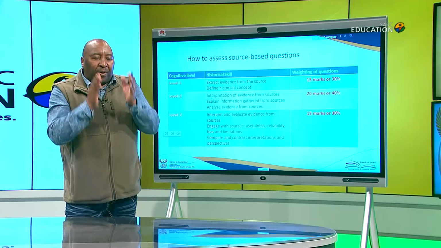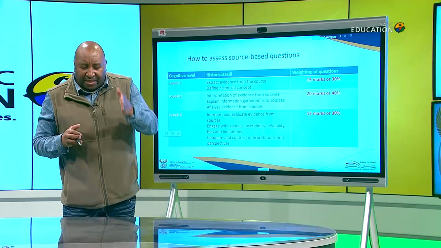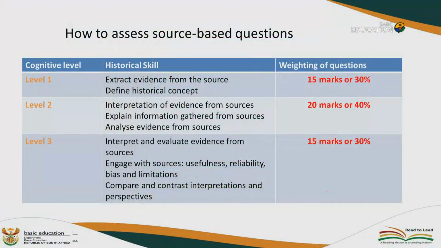As source-based questions are out of 50 marks, for you to get the 50 marks, because it is possible to get the 50 marks, you need to know how questions are phrased, according to the cognitive levels. Level 1 is a pure 15 marks that is given to you because the answer is in the source.